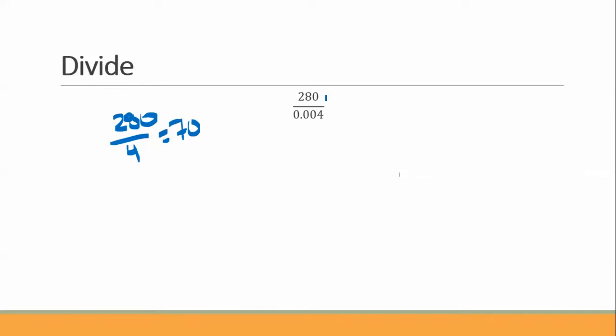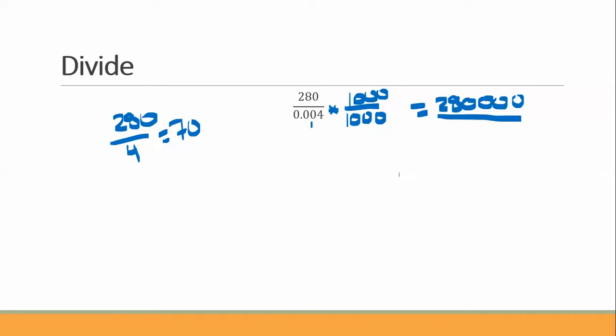Now we have 280 divided by 0.004. So the first thing let's do is get rid of the decimal in the denominator. So we're going to multiply by 1,000 because this is 4 1,000ths. Going back, if we're multiplying by 1,000, we're adding 3 zeros, so 280, and then 3 more zeros.